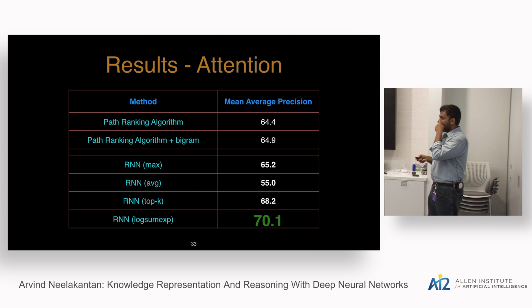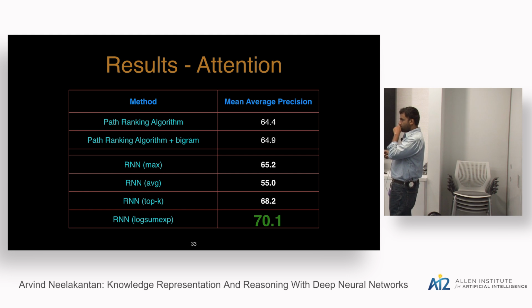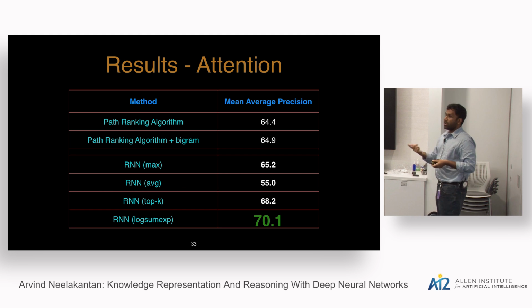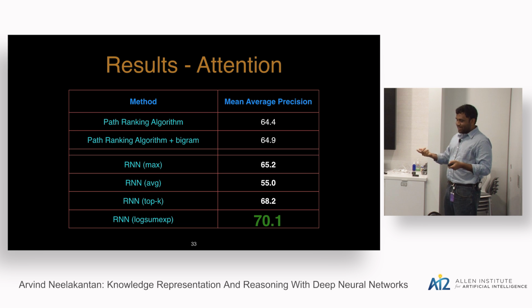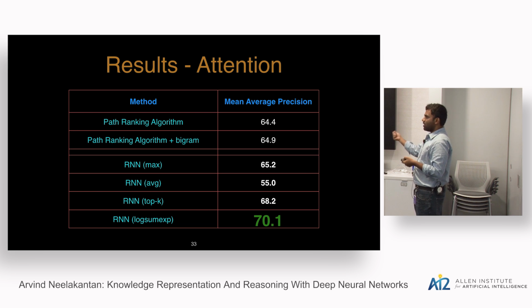I assume this is the original PRA from Lau et al. Did you compare with the math improvements? Yeah, we couldn't run the math code on this larger data set because I think it takes a lot of time. I've been talking with him.